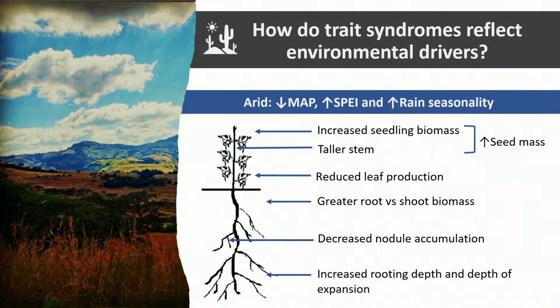They had a reduced leaf production. This is an adaptation to reduce transpiration. They invested more in below ground material than above ground material. And they also had a deeper depth of expansion, so the fifth lateral root was lower. So they were probably trying to get their water reserves from deeper down in the soil.